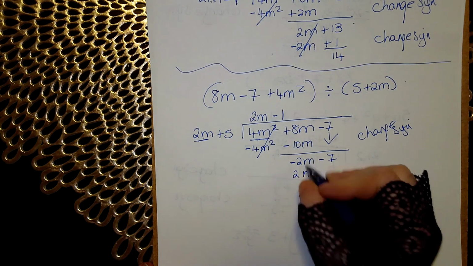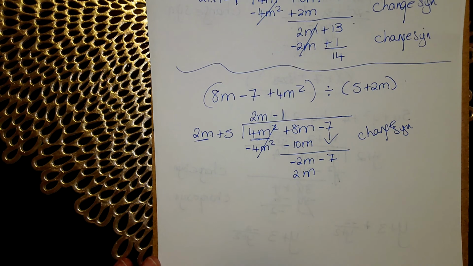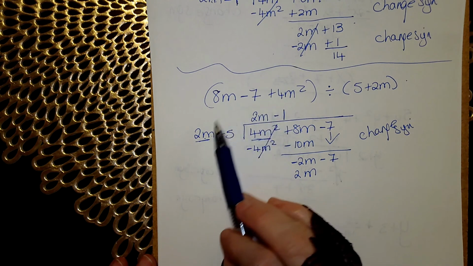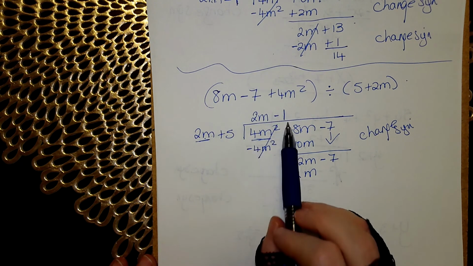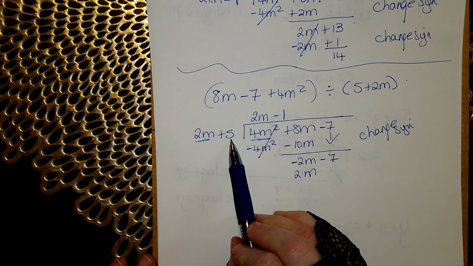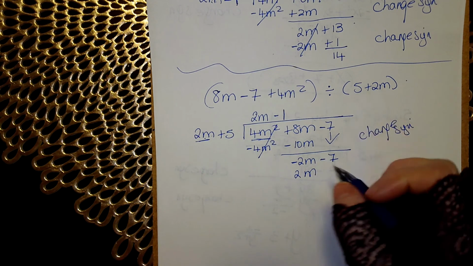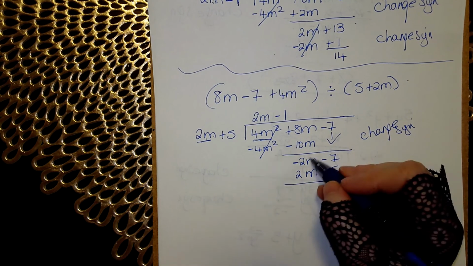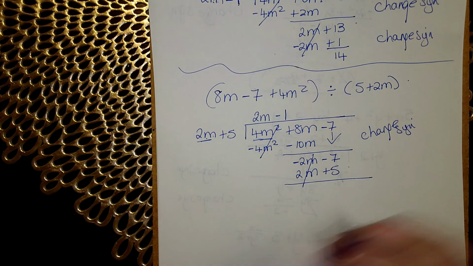Remember, the first terms have to become a 0 or you're not doing it right. So since it's going to be a 0 here, I know I'm right. So if I take the negative 1 and multiply it by 2m, then I've got to take the negative 1 and multiply by 5, which gives me negative 5, but I don't write negative 5, I write positive 5. So this is 0, so I've done it right.